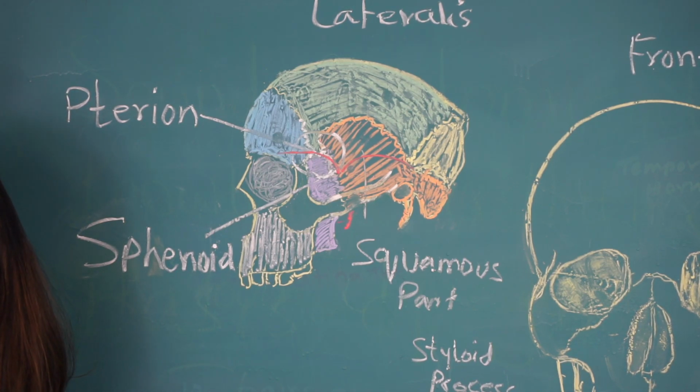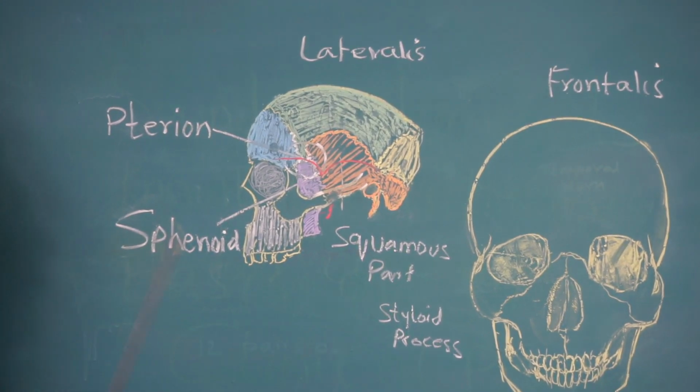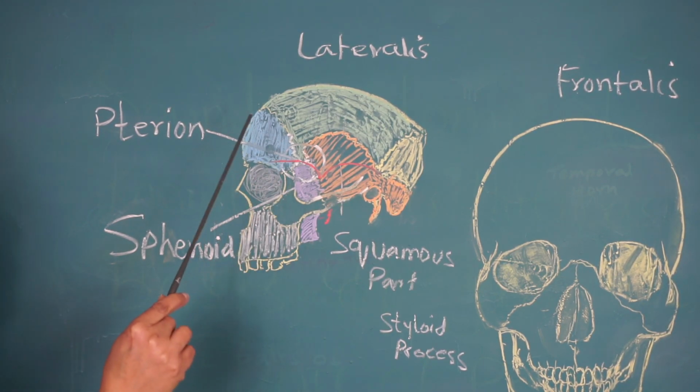And we have the frontal air sinuses located in our brow region. The maxilla has the maxillary sinuses. If you remember, in my lecture on the nose and the paranasal sinuses, I did mention the maxilla. We have a pair of maxillary air sinuses, a pair of frontal air sinuses, then we have the sphenoid sinus.